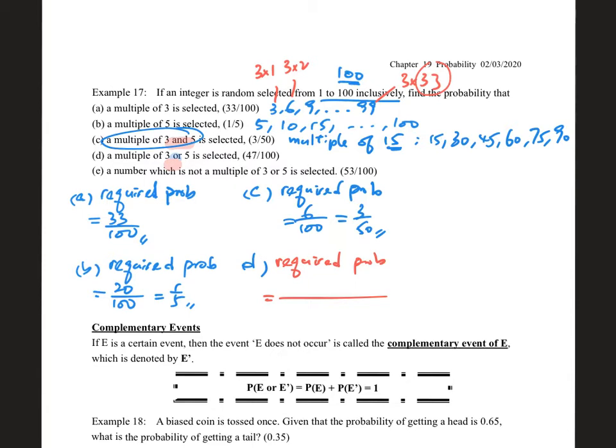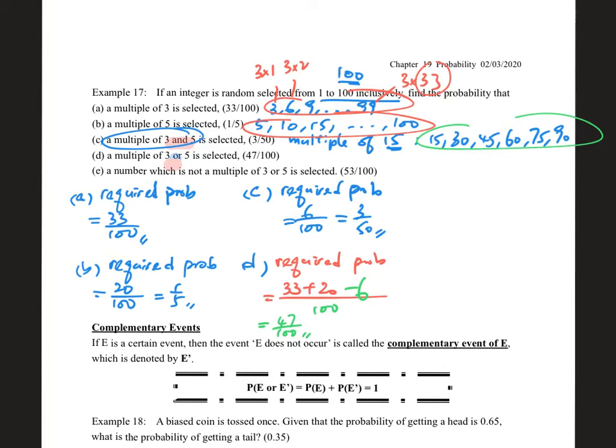In part A there are 33 outcomes, multiples of 5 have 20 outcomes, and 6 of them are duplicated. So we minus 6, out of 100. This is the situation of part D. By calculator, you get 47 over 100.